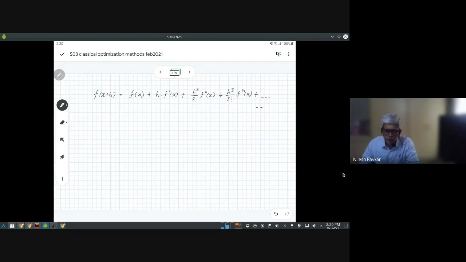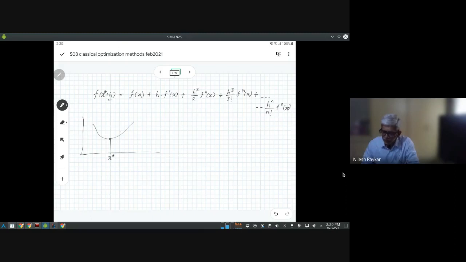In general, you'll have h to the power n divided by n factorial into the nth derivative, where h is any small variation from the point. So if you have this function and this is something we are investigating at the point x, this is my x, or x star.